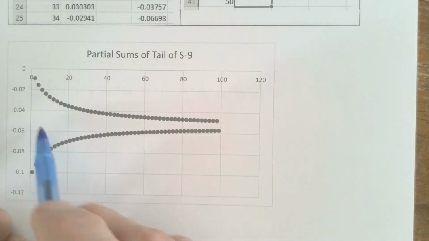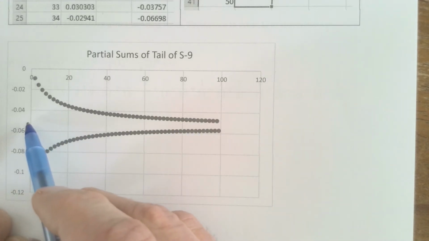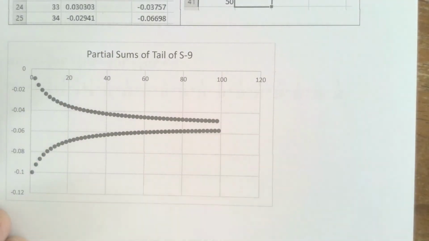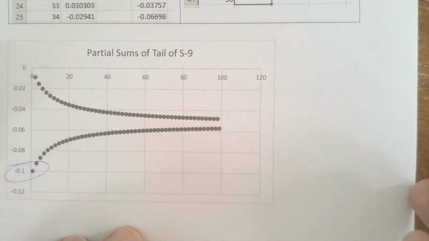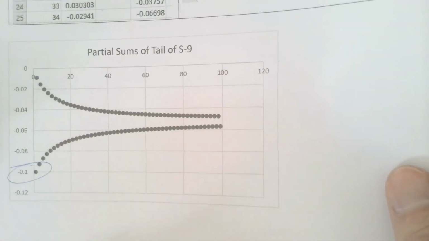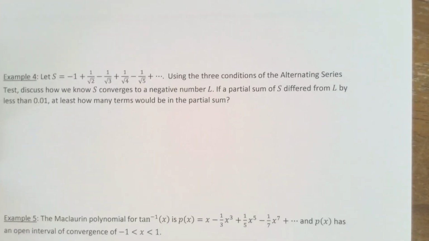And the tail ends up converging to some number that looks like it's roughly halfway between 0 and negative 0.1. So the first term of the tail of the ninth partial sum puts an error bound on just how bad the ninth partial sum was, the worst case that the ninth partial sum could be for calculating natural log of 2.